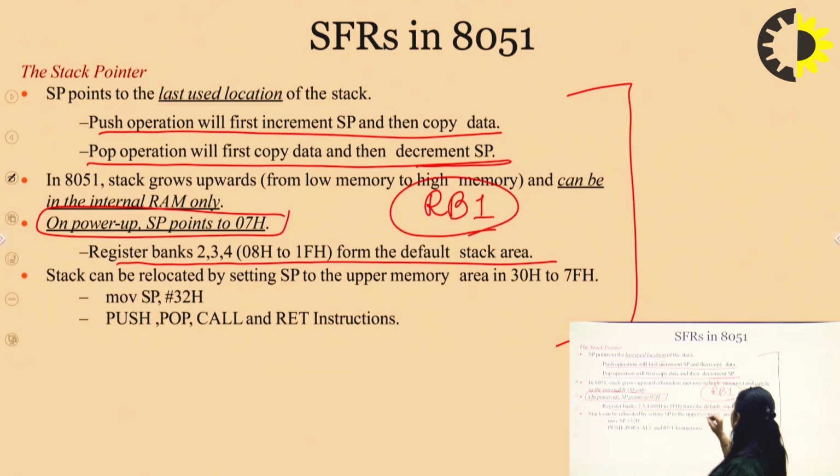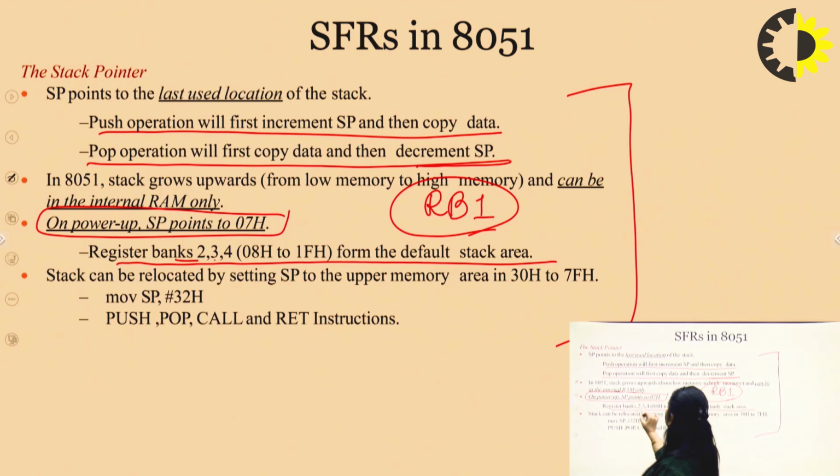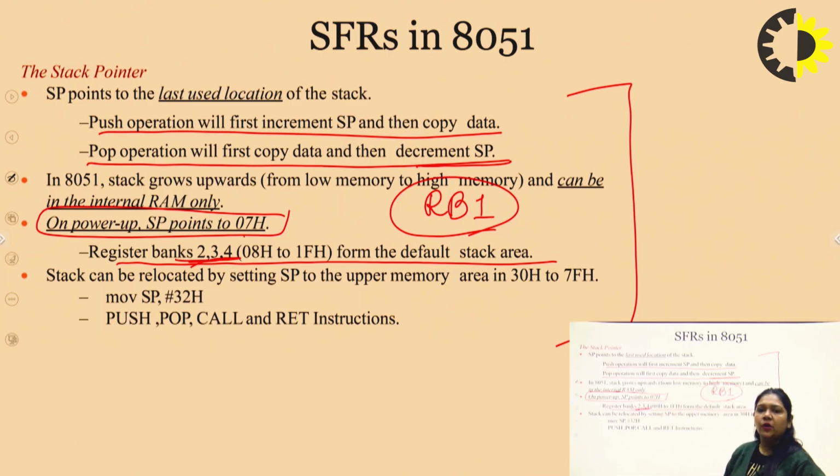RB1 is used as the stack pointer. When the microcontroller shuts down and powers up again, the contents of this by default are 07H because it is pointed by RB1.